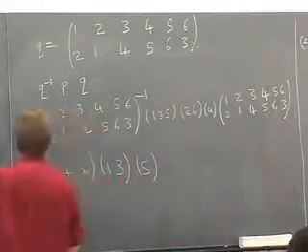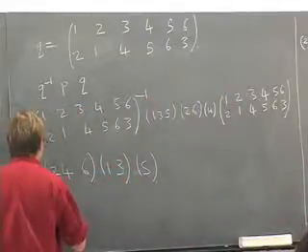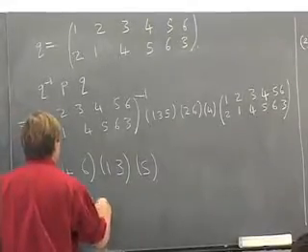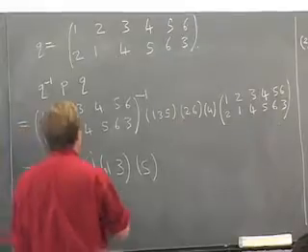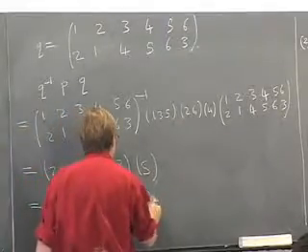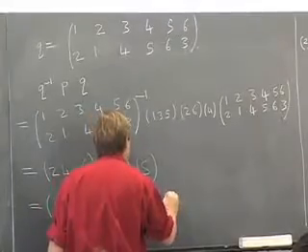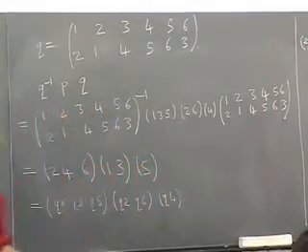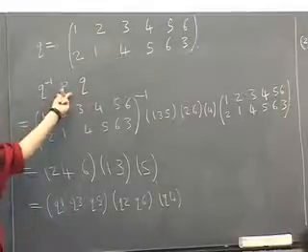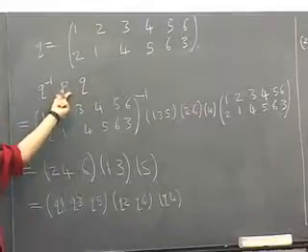So this was Q of 1, Q of 3, Q of 5, Q of 2, Q of 6, Q of 4. So when you form the conjugate Q inverse PQ, and you're working in cycle shape, it's very easy what you do.